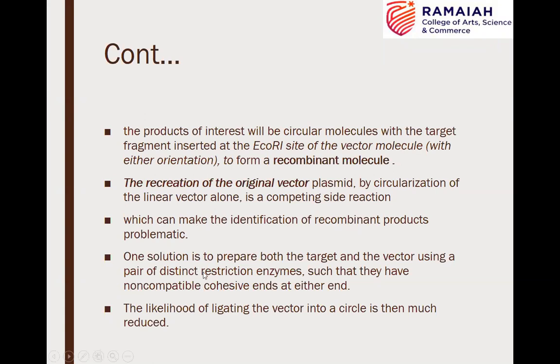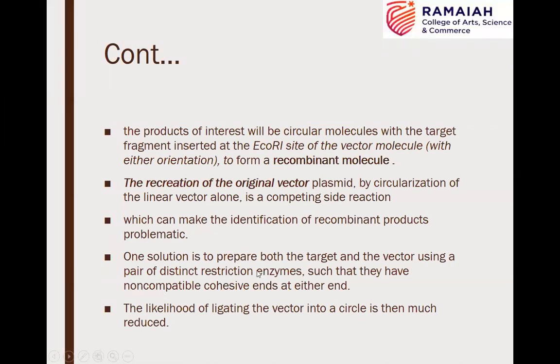There are certain solutions or approaches that can be applied in order to avoid the formation of this recreation of the original vector plasmid. One solution is to prepare both the target and vector using a pair of distinct restriction enzymes.